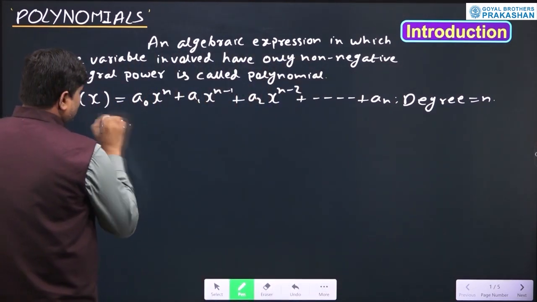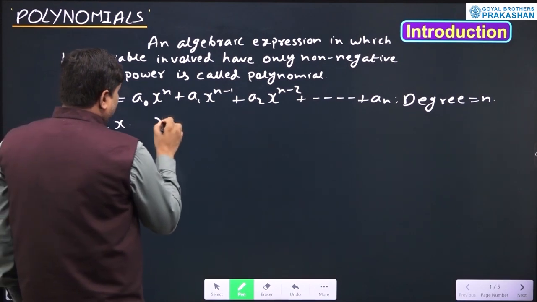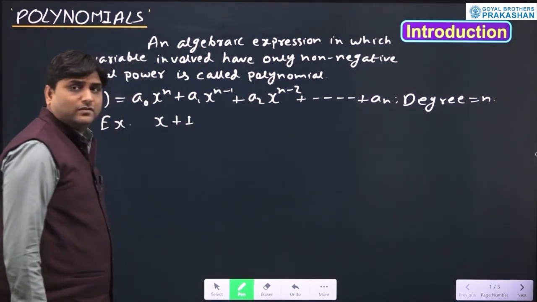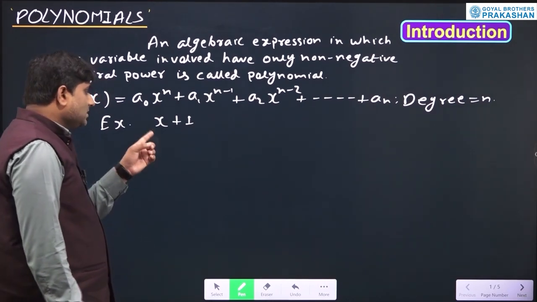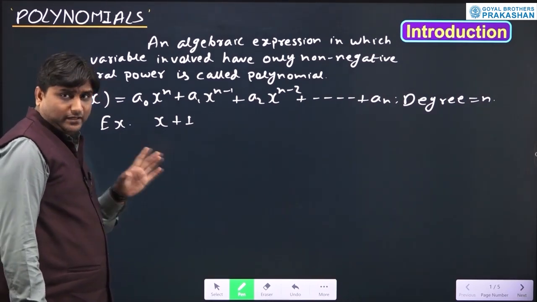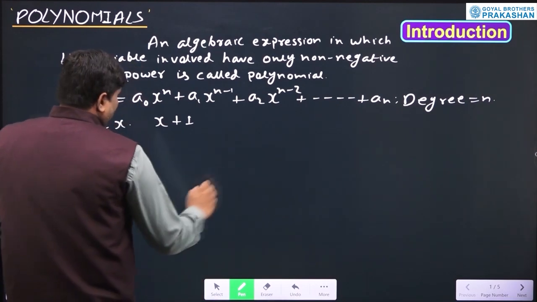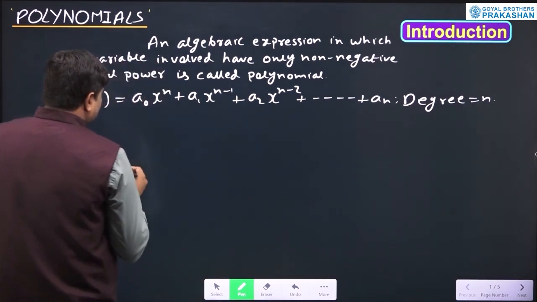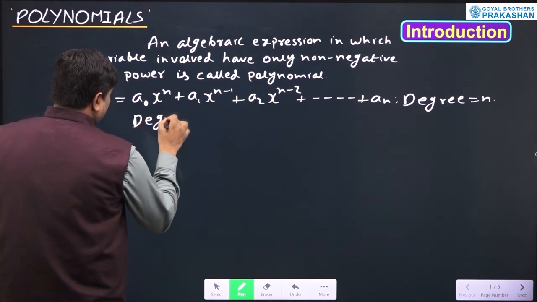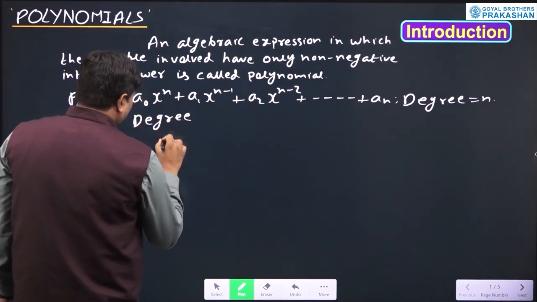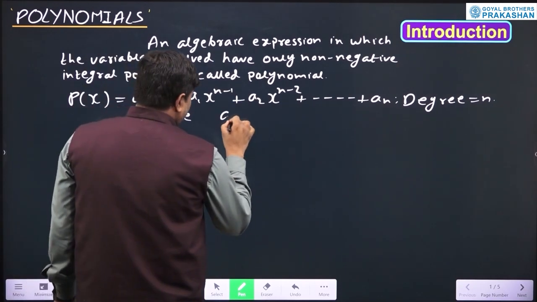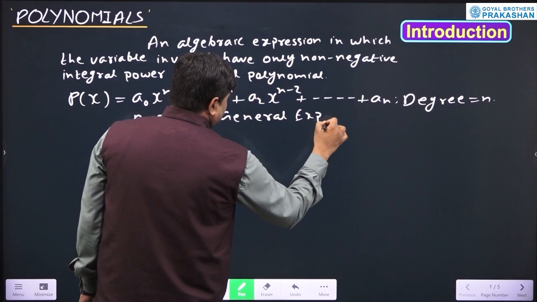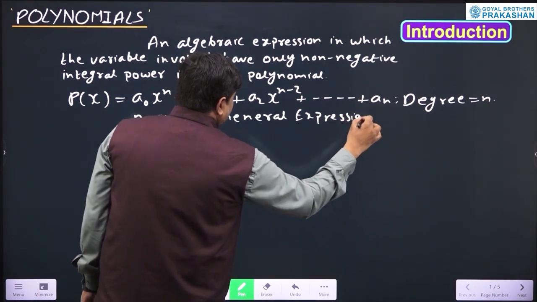For example, if I write x plus 1, this is an example of a linear polynomial because the highest power is 1 in this case. On the basis of this, I can write their general expressions also.